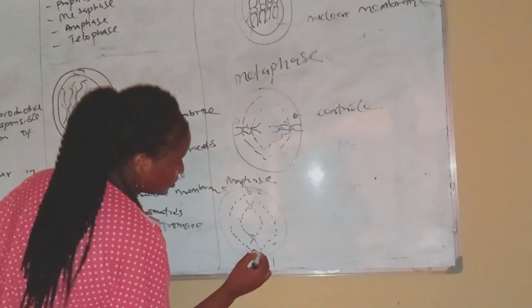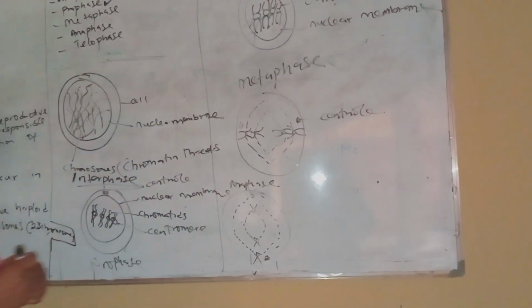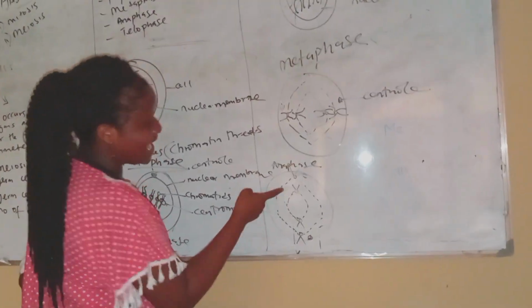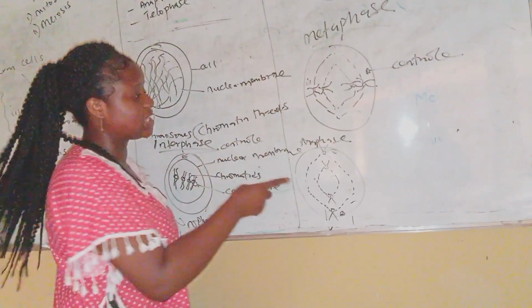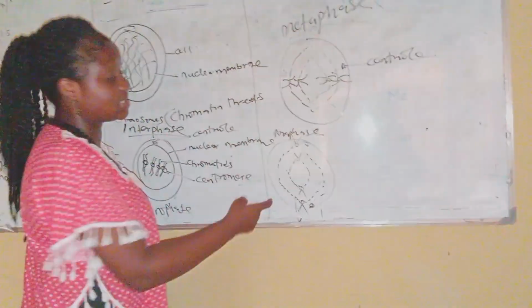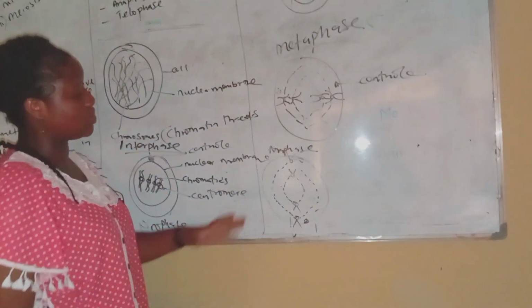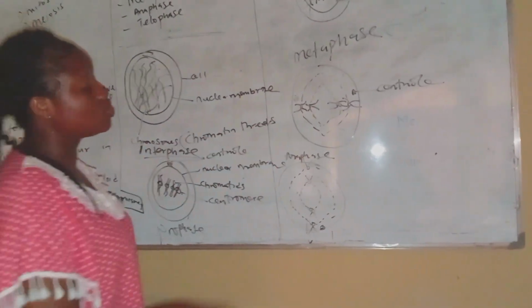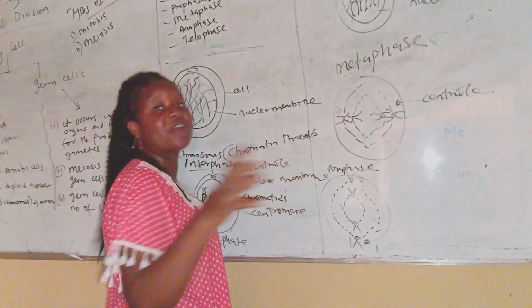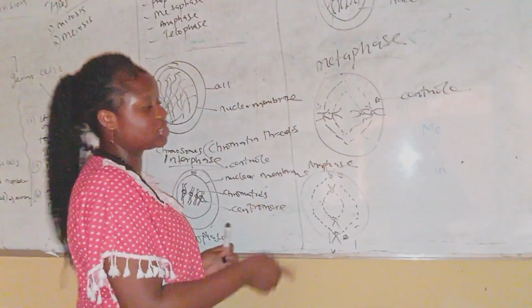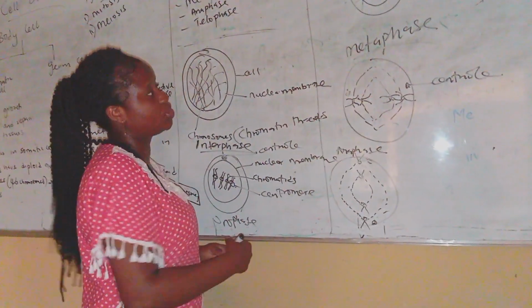The centrum is here, and the centrum is also here. So you could see the splitting of these chromosomes at the point of the centromere. That splitting causes daughter chromosomes, daughter nuclei, to move to the other side. With the help of the spindle fibers that split away from the centromere, they push them to the opposite side. So you can see them move to the opposite side.